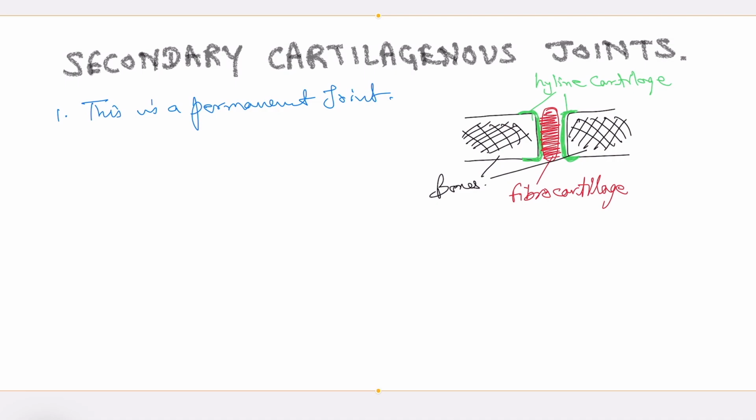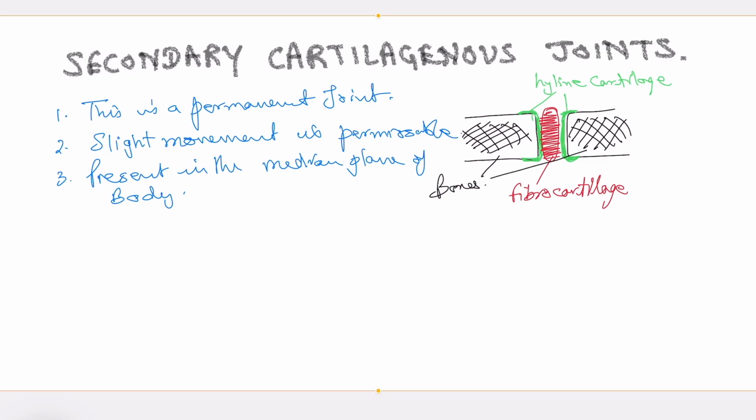Once synchondrosis happens, the primary cartilaginous joint undergoes fusion. But this one persists throughout life, and that's why it provides slight movability. There's slight movement which is permissible. And this is present in the median plane of the body.